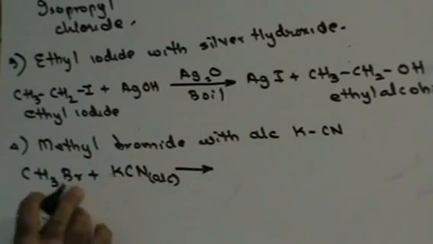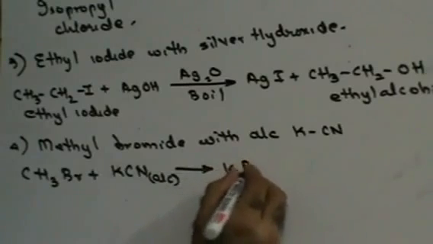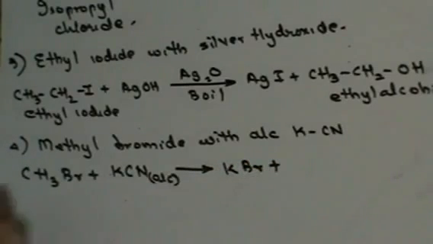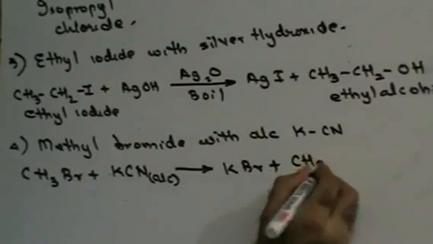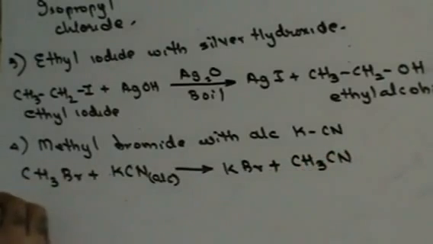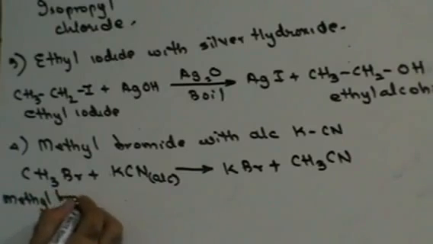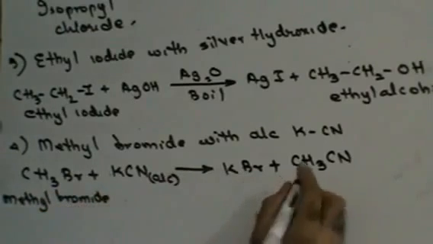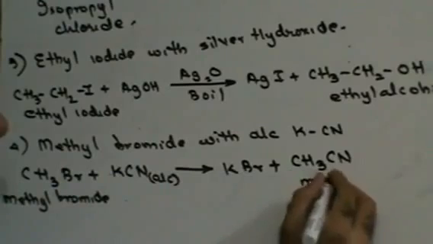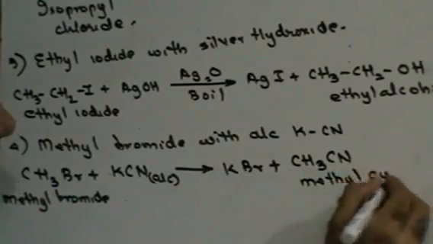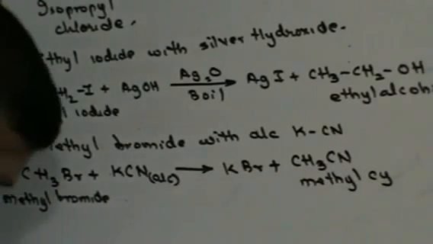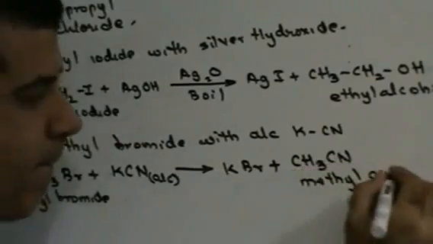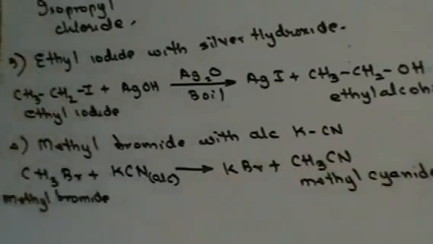Substitution reaction again, potassium reacts with bromine to give you potassium bromide, and that will give you CH3CN. This is methyl bromide, and this is going to be methyl cyanide. So you will get methyl cyanide over here.